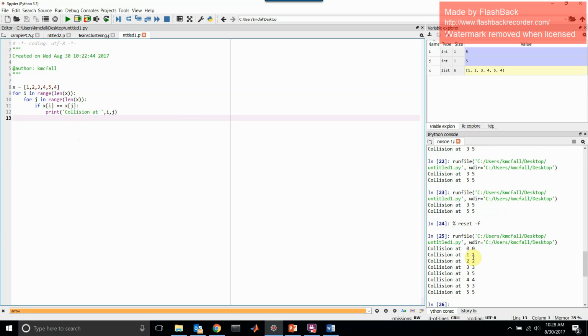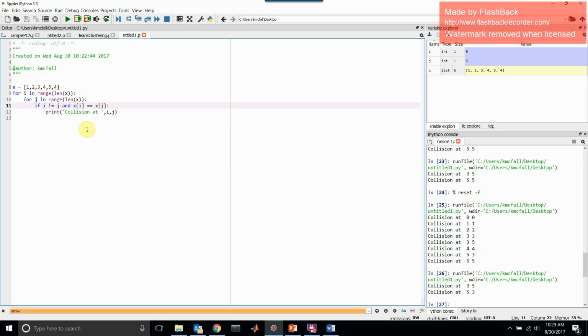So here it found all these ones that collide with themselves. These are self collisions, which you don't want. So you could avoid that. Say if i is not equal to j, then maybe that gets rid of all the self collisions.